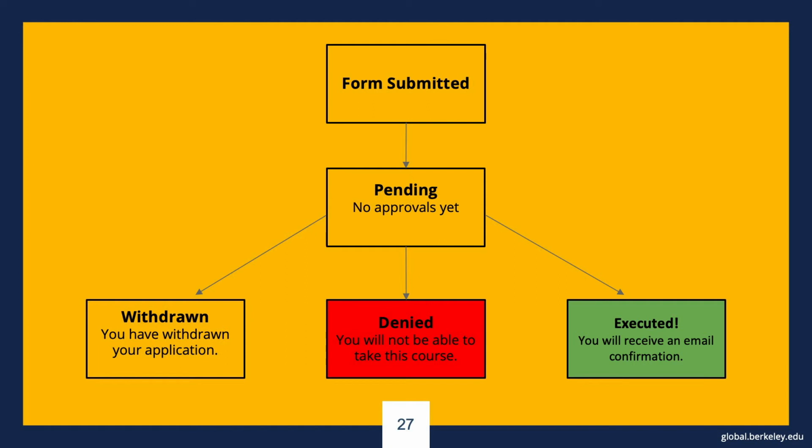Pending indicates that no approvals have been issued yet. Withdrawn indicates that you have withdrawn your application for this course. Denied indicates that you will not be permitted to take this course. And executed indicates that you have been approved to take the course. You will receive a confirmation of this by email.